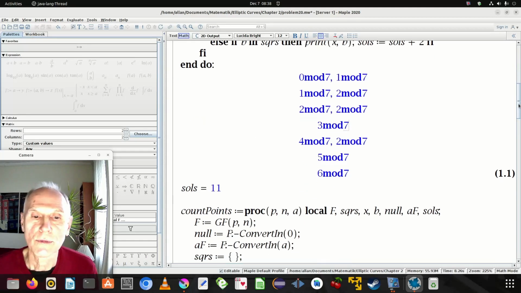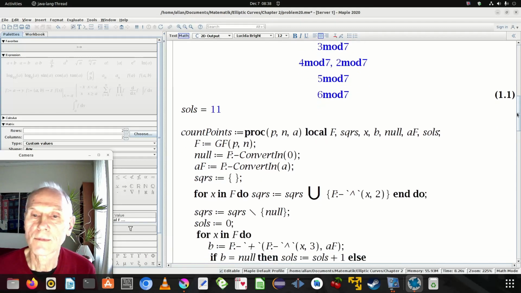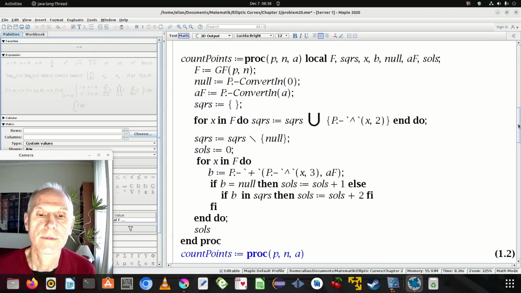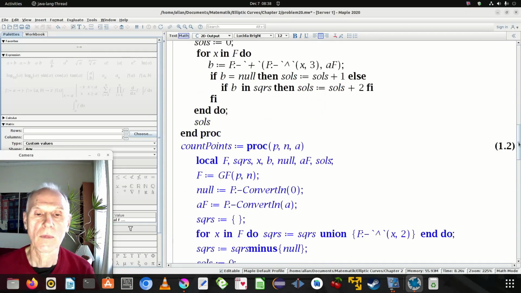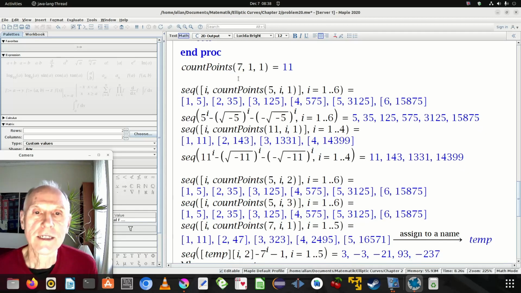That seems to work. We have 11 solutions there. Then I define it as a procedure and test that it worked on the case I used to prove the principle. And now we can go about doing it.